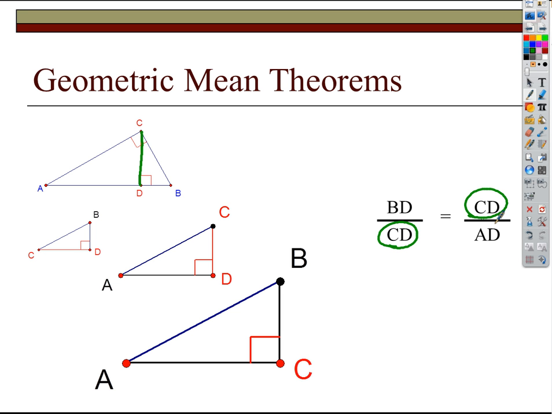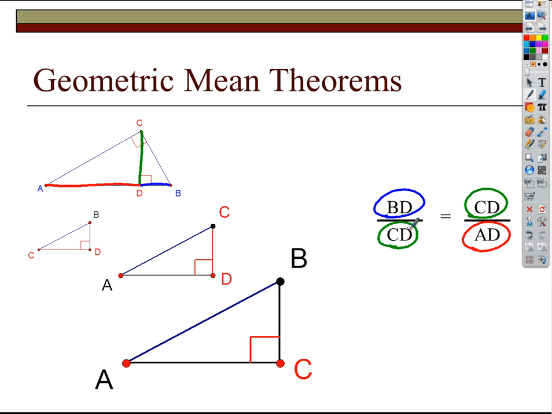And then the other two pieces, what we call the extremes, but we don't even need to use that term, are just going to be the two pieces of the hypotenuse that got cut by the altitude. So the original hypotenuse gets cut into the red piece and the blue piece, right? Well, the red piece is AD. So that's going to go with one of the means, it doesn't matter which one. And the blue piece, BD, goes with the other.